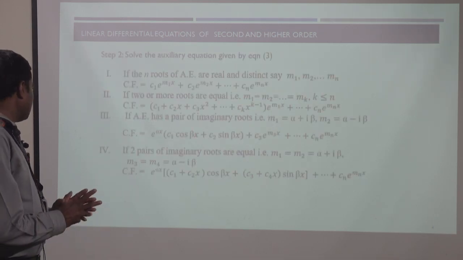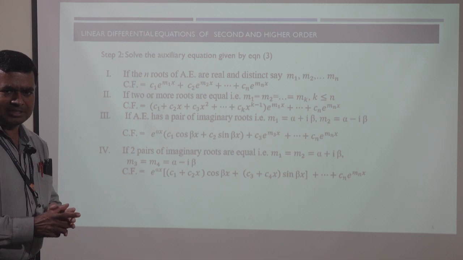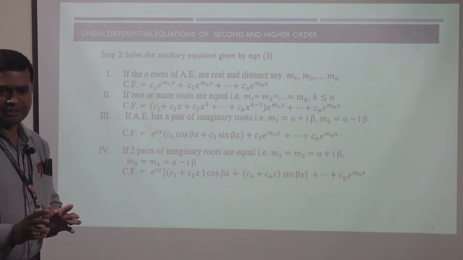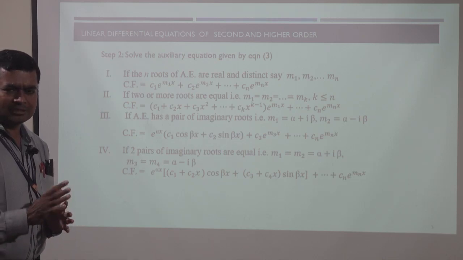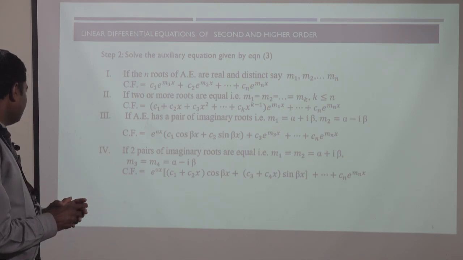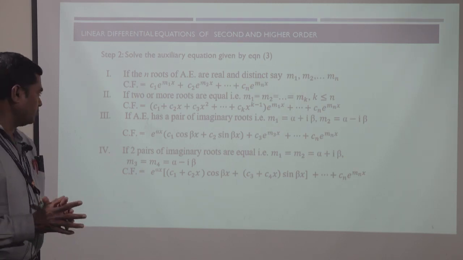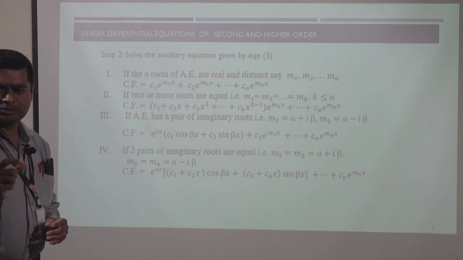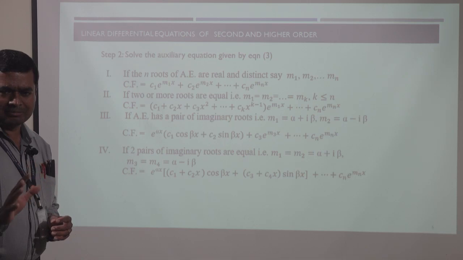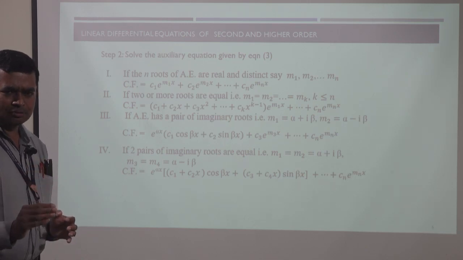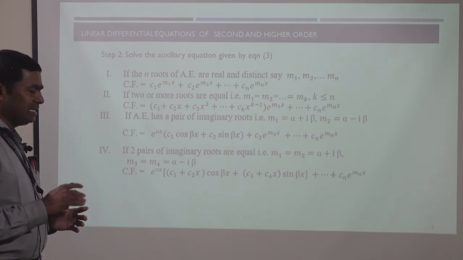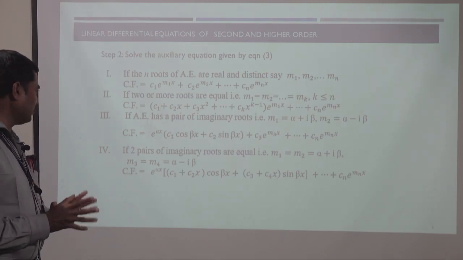What are the steps we are going to follow? From the previous equation we find the roots. Suppose D cube, or m cube, means m has 3 values; m square means m has 2 values. These are the corresponding roots. If there are n roots, let us assume m1, m2, m3. If m1, m2, m3 are real and distinct, what is the solution?